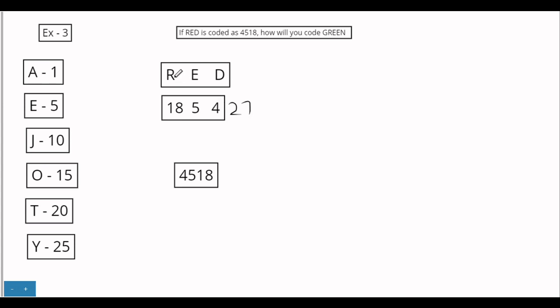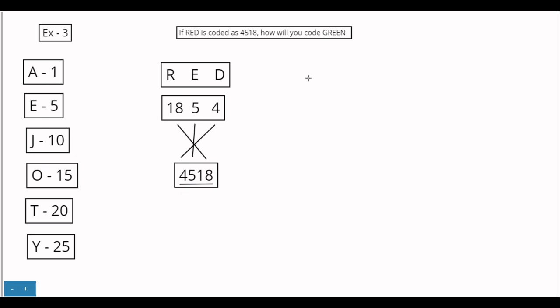So we'll have to take a different approach. If you look closely, the 18 over here is also over here, and the 5. So let's just make lines. The 5 is still in the middle and the 4 comes here. So we can say that if we reverse the word red, it will become DER, and then if we put the code, it will come as 4518.